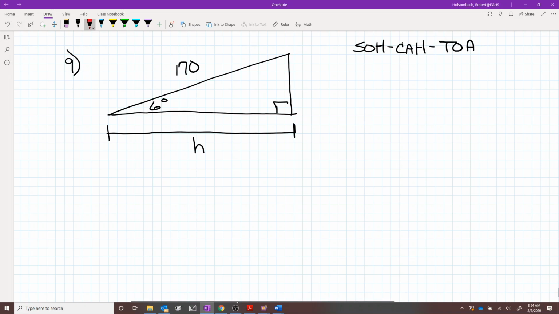So in relation to this 6-degree angle, we've got the hypotenuse and adjacent side. Adjacent and hypotenuse is cosine. So our equation is cosine of 6 equals the adjacent side over the hypotenuse.